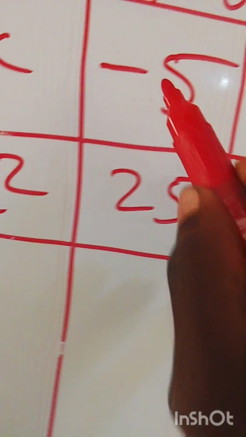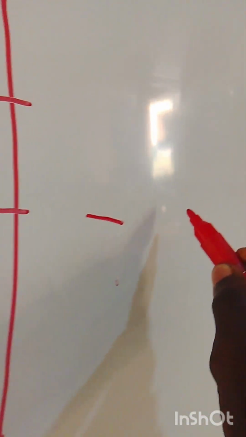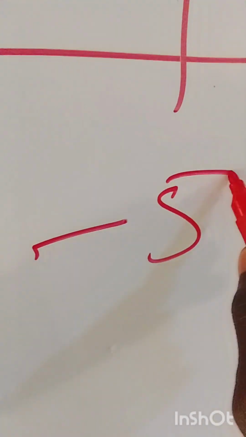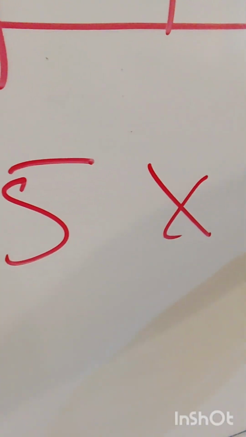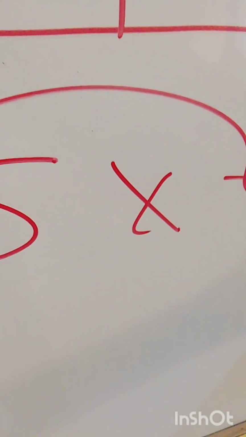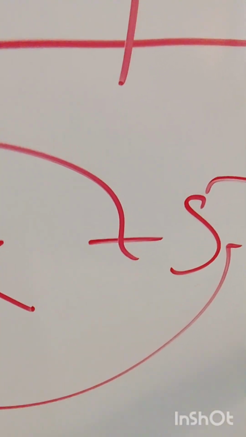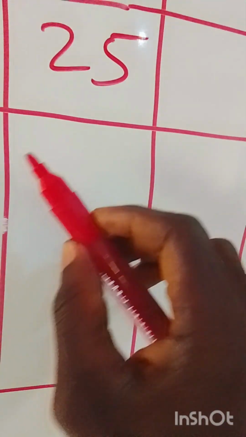You may ask, what about the minus? Now, the law of indices states that minus times minus equals positive. So when you multiply minus 5 by minus 5, you get positive. Our answer now is 25.